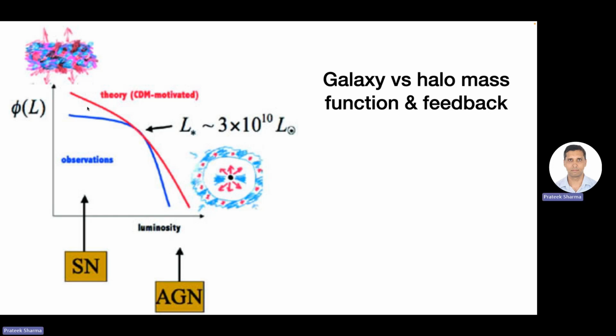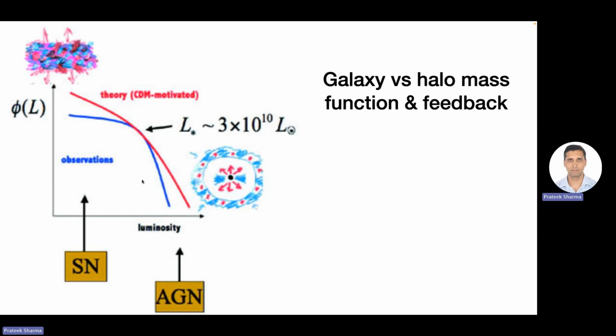What you see here is that the number of galaxies hosted by halos at low mass is smaller, and so is the number of galaxies at luminosities or masses much greater than L star. So the star formation efficiency of galaxies is suppressed both at low masses and at high masses. Okay, and this leads to something called feedback.